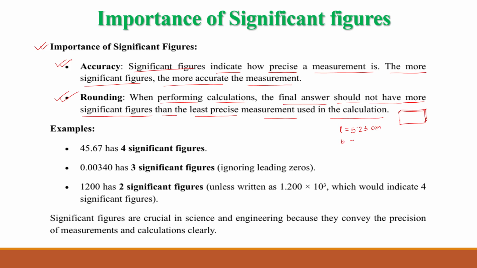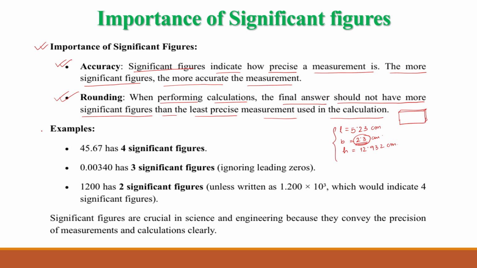The breadth is 2.3 centimeter and the height is 12.932 centimeter. So here the least significant figure is 2.3. So in the final calculation of the volume, the result should contain two significant figures.